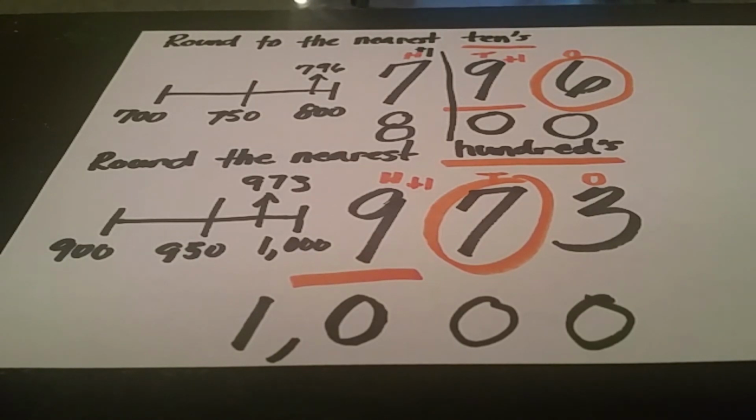Remember, 4 or less, we let the underlined number stay cool. If the circled number is 5 or more, this is what we do. We add 1 to the underlined number. And then once we add our 1 to the underlined number, all the numbers behind it change to zeros. And if there is a number in front, you just let it stay the same. Just bring it down.